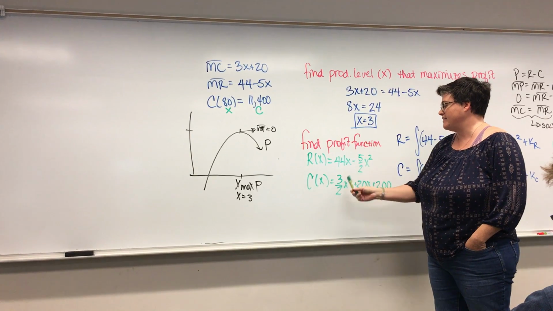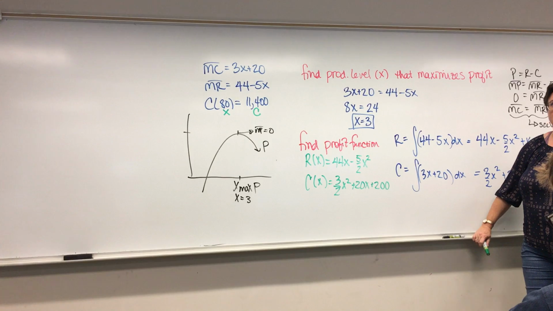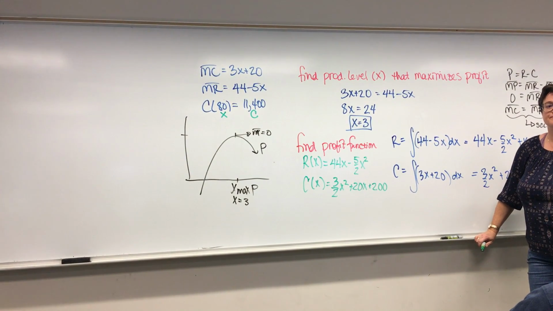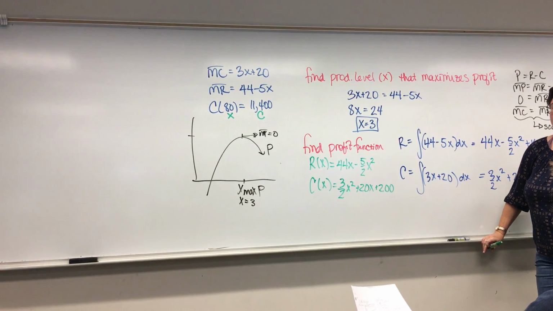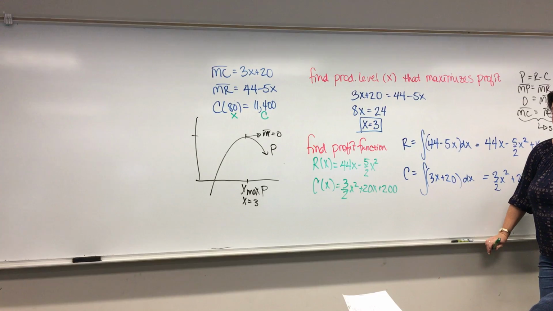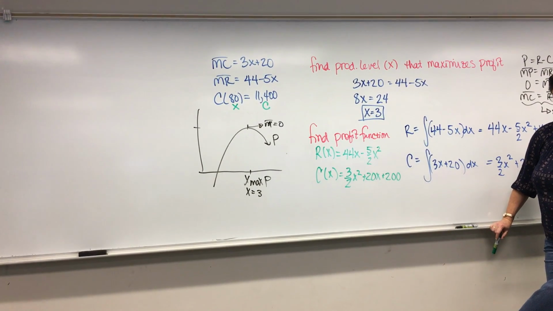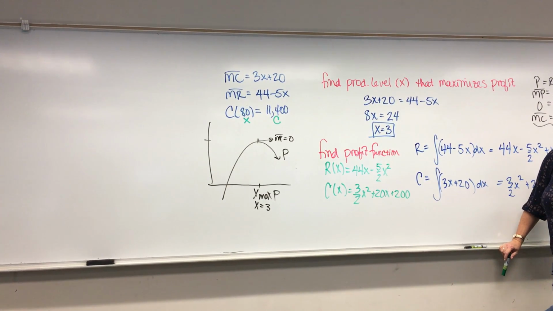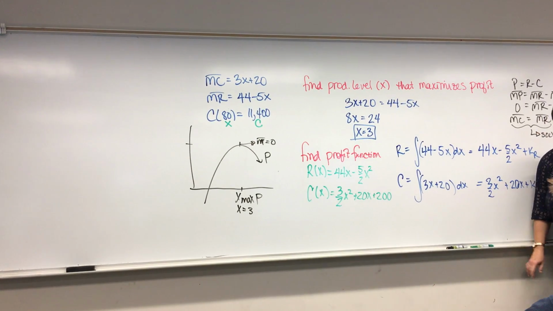So you'll have negative 5 halves x squared minus 3 halves x squared. That's gonna become negative 8 upon 2, which is negative 4 when all is said and done. Yeah, in order to get that, we were struggling at the fraction point. Okay. Does it make sense now? Yeah. Groovy. Okay, awesome. Any other questions on this one?